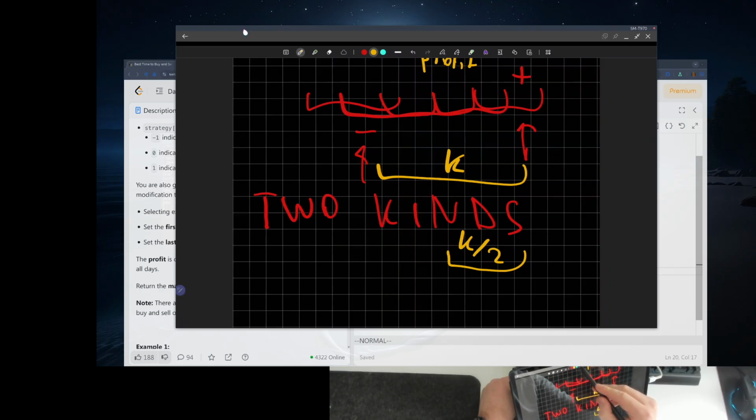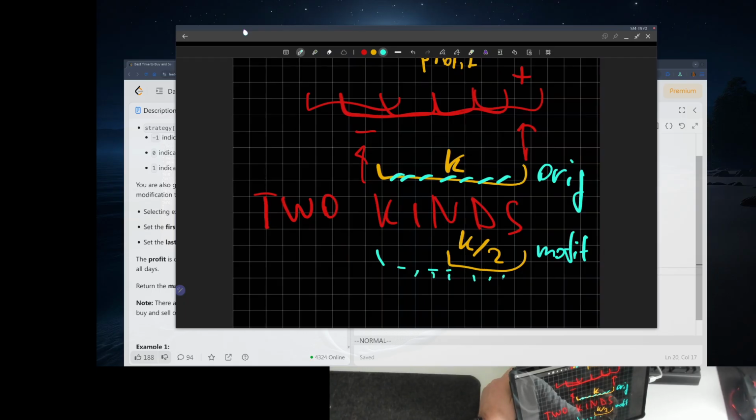Let's call this original, and this is modified. The profit in this window is the original profit, and the profit on this window is the modified profit, and this would be hold and this would be sell.